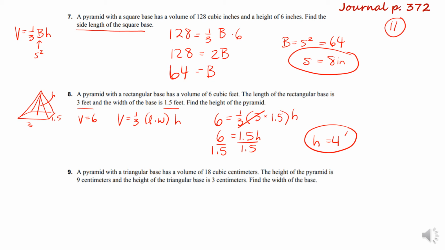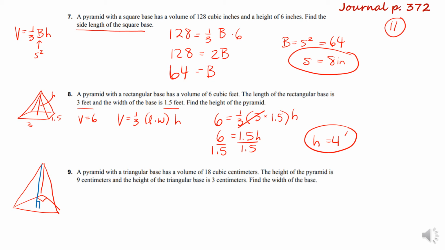Okay? All right, this next one has a triangular base, and I'm going to draw it like this so that I can get away with something, and I'll show you in a minute. Okay, so there is my triangular base, and I'm going to draw a line for the height of my pyramid in a different color.